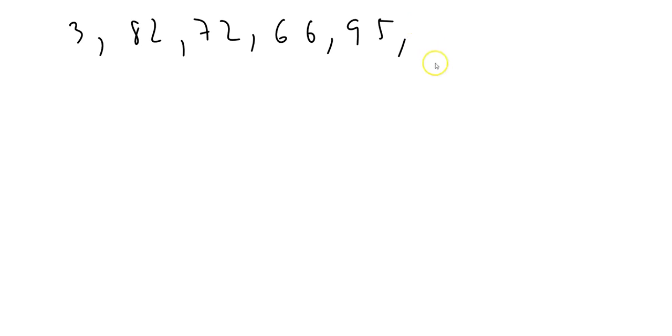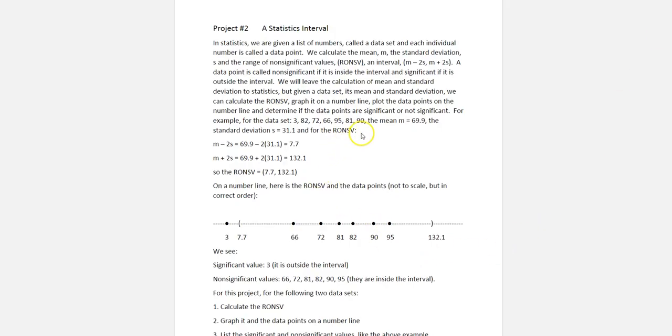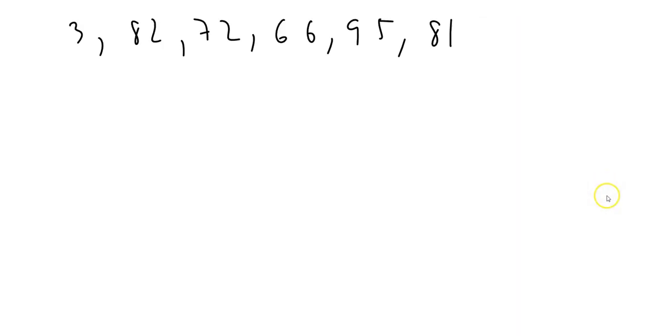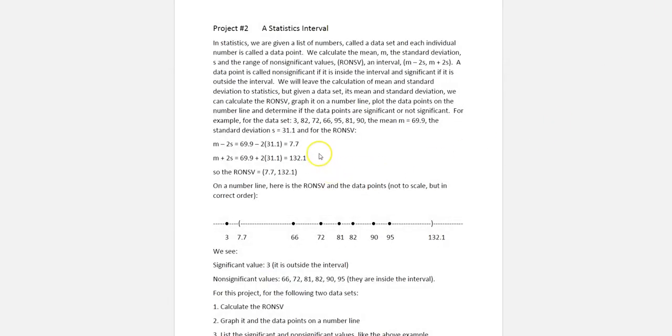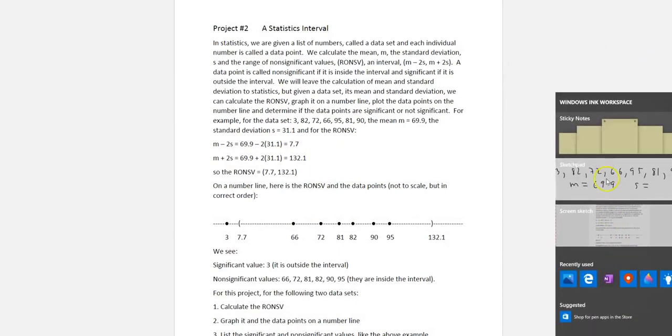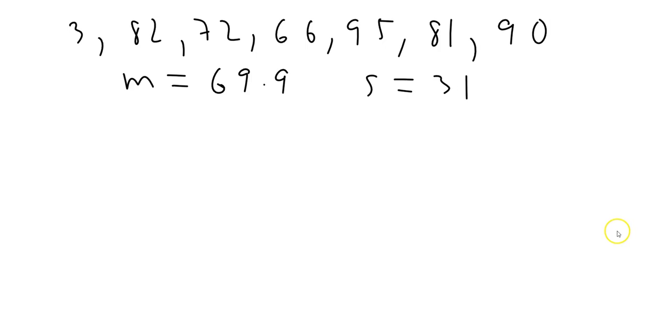Try that again. 81. That looks better. And then the last data point is 90. And then it's also given the mean of this data set, which is 69.9. And the standard deviation is given as 31.1.